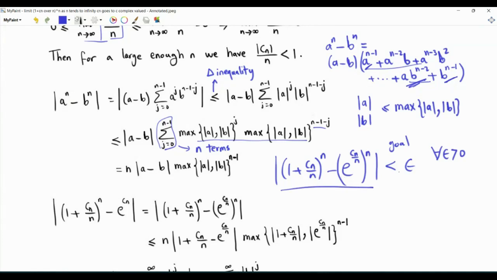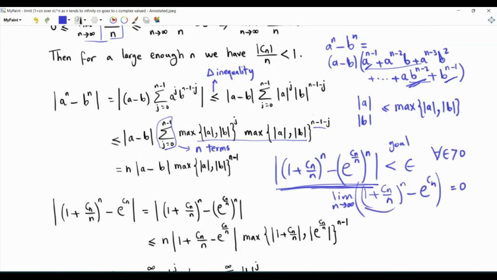If this statement is true, then the limit of this magnitude as n tends to infinity is equal to 0, because the magnitude can be made arbitrarily small. And if the limit of the magnitude is equal to 0, then the limit as n tends to infinity of (1 plus Cn over n) all to the power n minus e to the power Cn is also equal to 0.